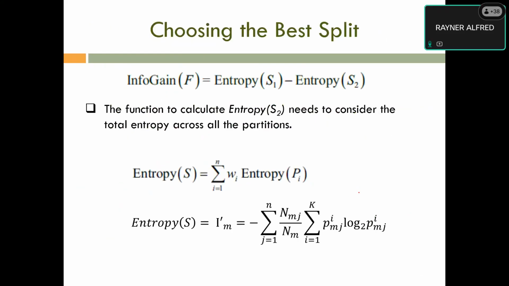So we will use this formula here, before and after. This is the total entropy for the number of partitions that we have. This is the weightage for each of the partitions, and this entropy can be calculated using the formula that we had before.